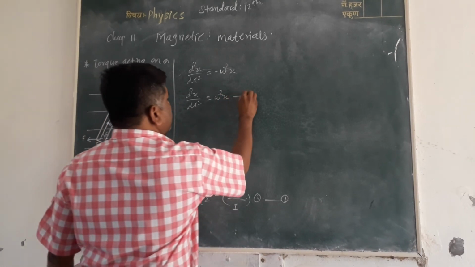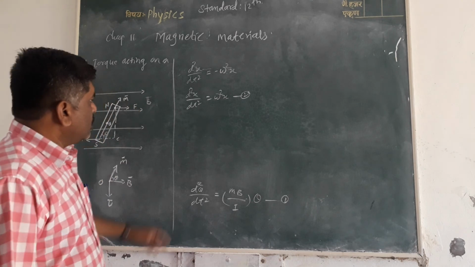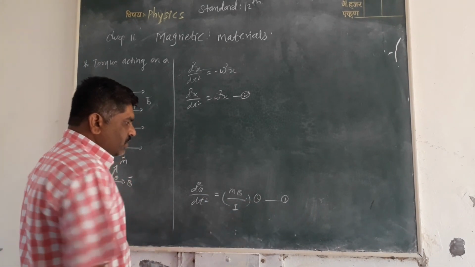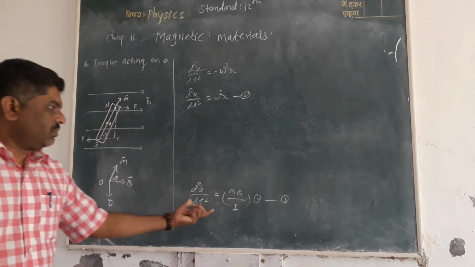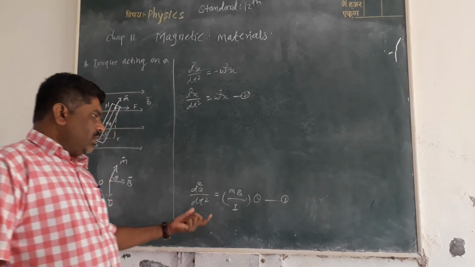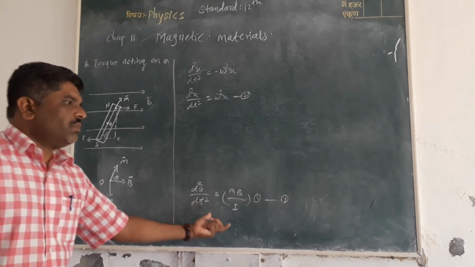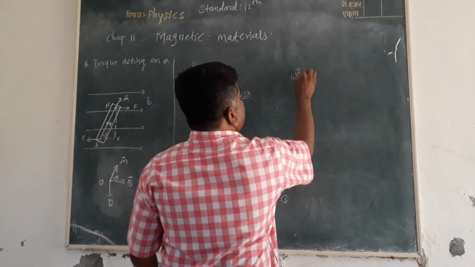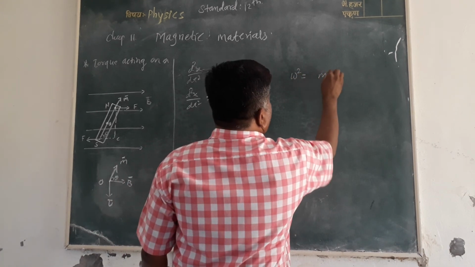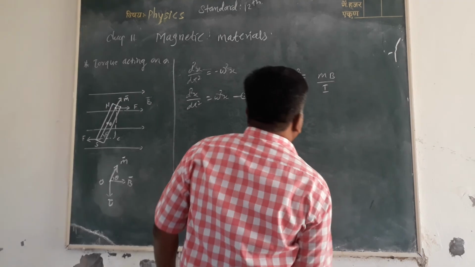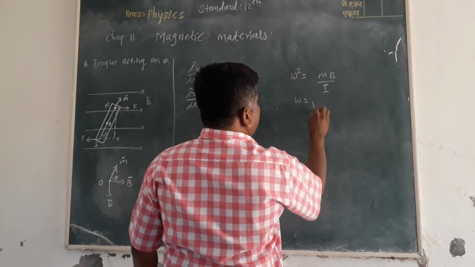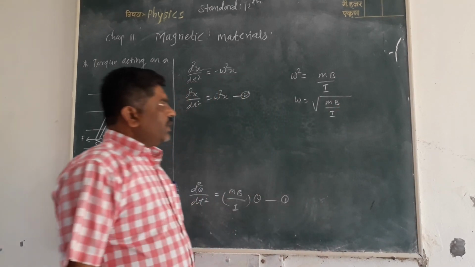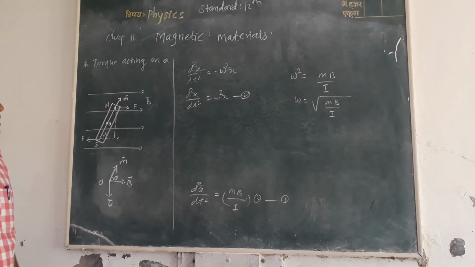Suppose this is equation number 2. If we compare equation 1 and equation 2, equation 1 is the simple harmonic acceleration of the bar magnet. Then the value of omega square is MB upon I, or omega is equal to under root MB upon I. We get the angular velocity.